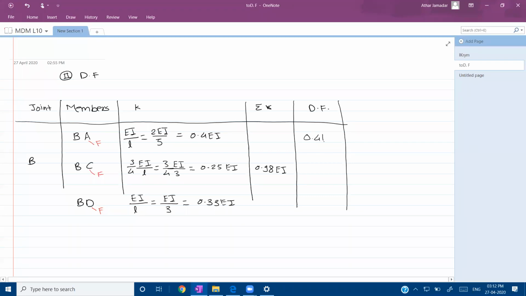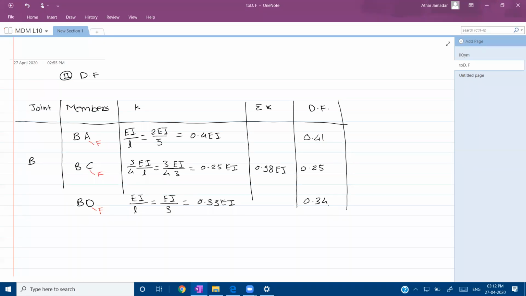For BC, 0.25 divided by 0.98, so it is going to be 0.25 again. And for BD, 0.33 divided by 0.98, so it is 0.34. Now if you take summation of 0.41 plus 0.25 plus 0.34, it is going to be 1.